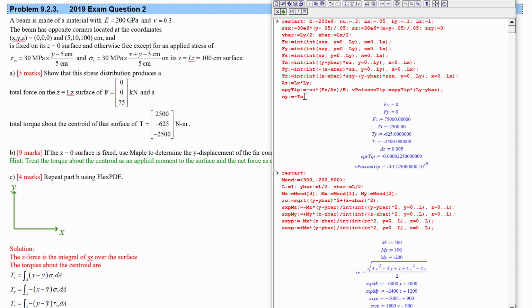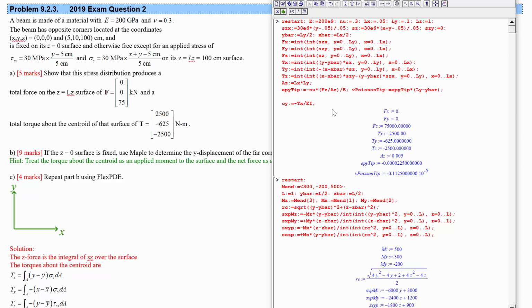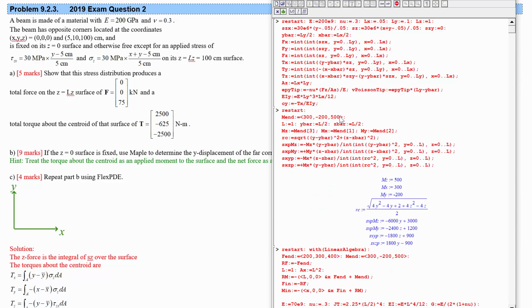This ends up being the same as the internal moment all the way along. Negative Tx divided by EI. And we have to work out the EI for bending in the y direction. Really, we call this EIy. So EIy is equal to what? E times the thickness in y, Ly cubed, times the thickness in x, over 12. So that's the flexural rigidity.